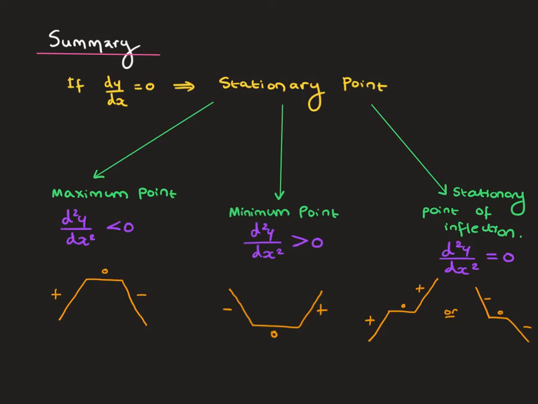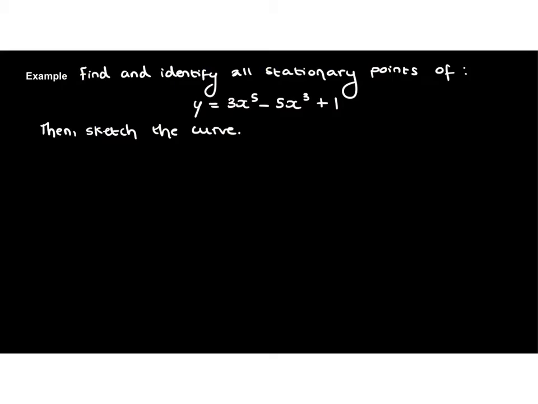And it's important that you learn to identify different types of stationary point using these criteria. In particular, these criteria here are very important because they will always give you the correct identification, as you will see later on. So we're going to have a look at a worked example together.